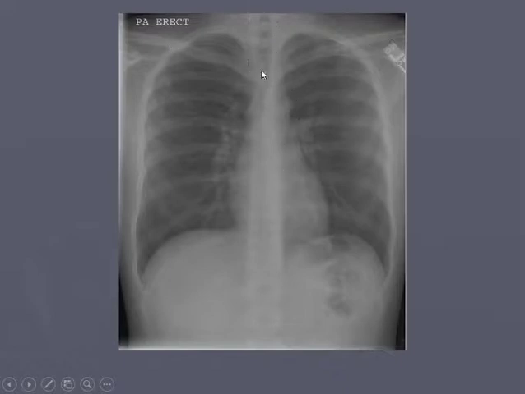Here's our clavicles, here's our clavicular heads. You can see they're equidistant from each other in terms of the trachea. So the head's right there, the head's right there, trachea's in the middle. This is a properly centered patient with good inspiration, and the patient is looking right at us.